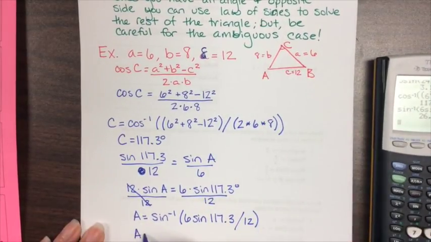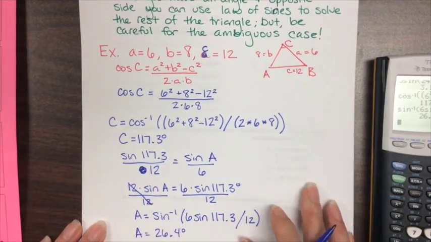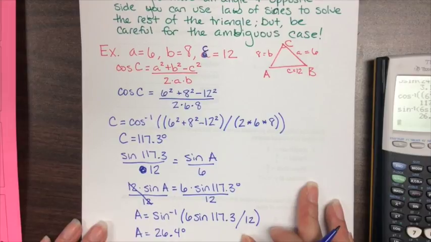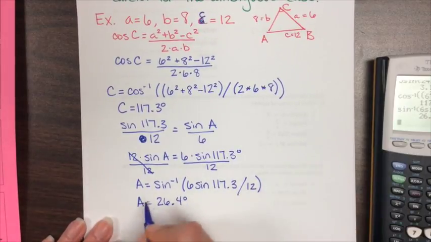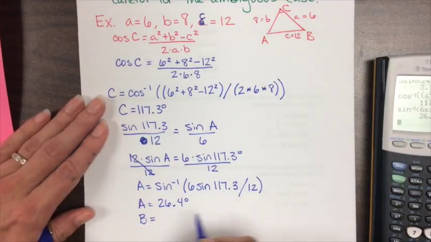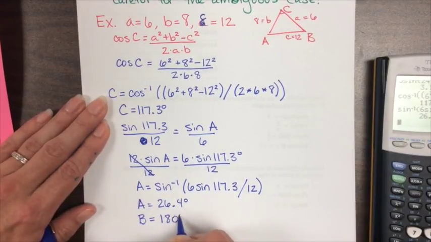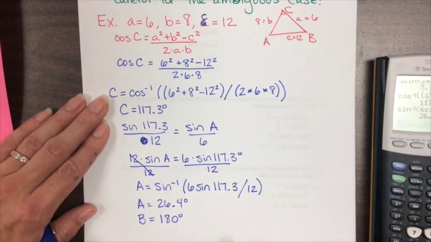So A equals 26.4 degrees. Now we have angle C, we have angle A. It's real easy to find angle B. We're just going to find what we need to make up 180 degrees. A whole triangle is always 180 degrees. Let's subtract the angles that we know.